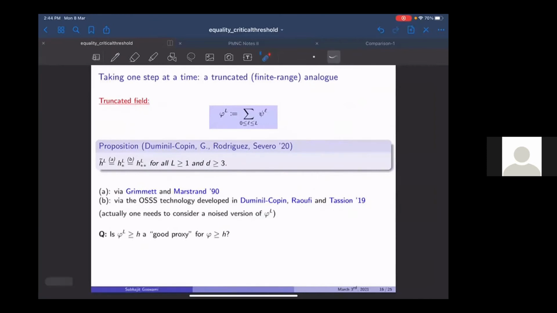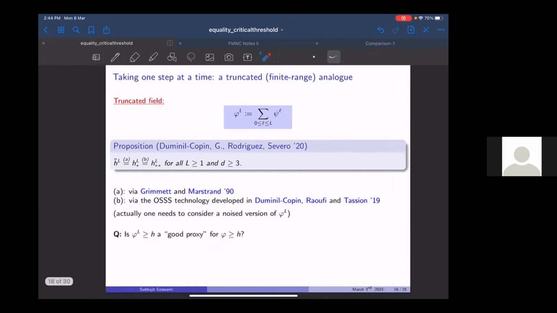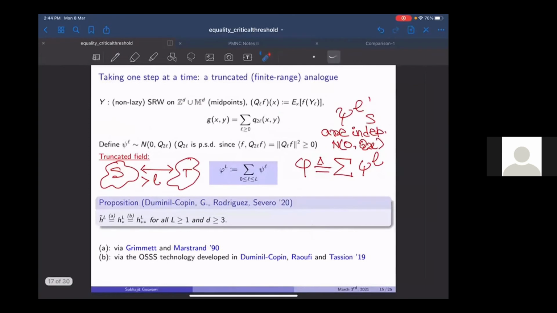Let's take a leap of faith. Let's ask whether this phi_L bigger than or equal to h is a good proxy for phi bigger than or equal to h. Let me tell you another thing, which can actually be obtained by the heat kernel estimate of random walks.